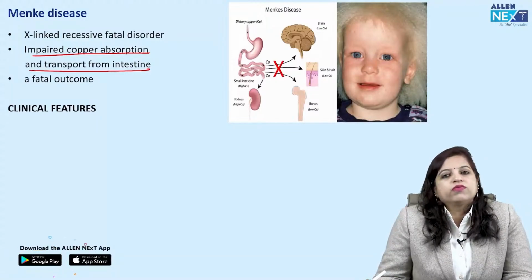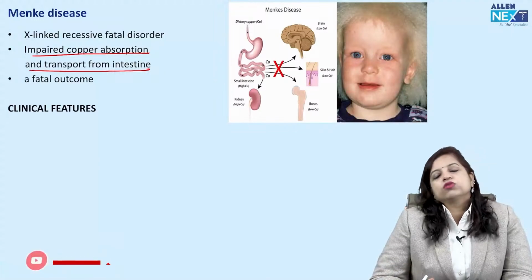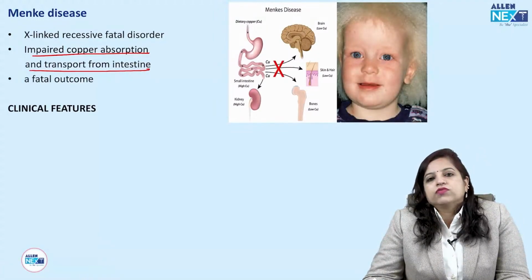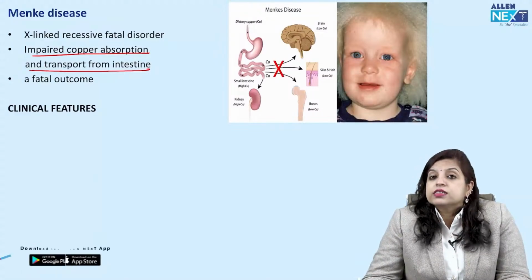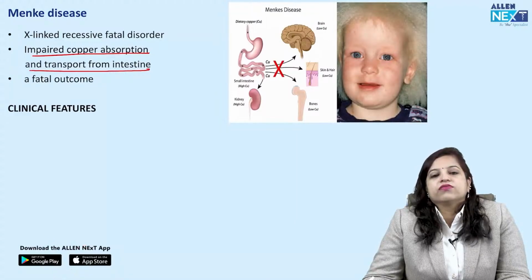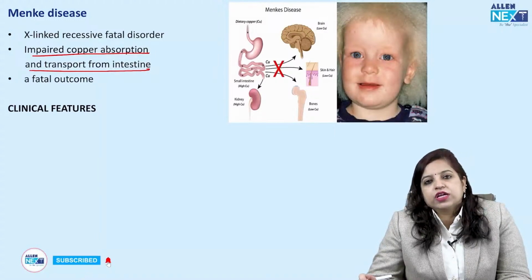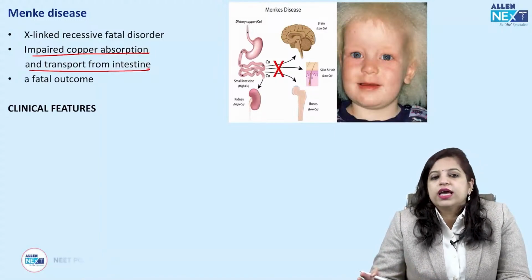You know, there's a problem with the ceruloplasmin in Wilson's disease. But in Menkes disease also, there is some mutation in the transport protein, because of which ceruloplasmin is low in these cases also. But it is a fatal disorder, unlike Wilson, where we can take some corrective steps and increase the life expectancy of the suffering individual. But Menkes disease usually has a fatal outcome.